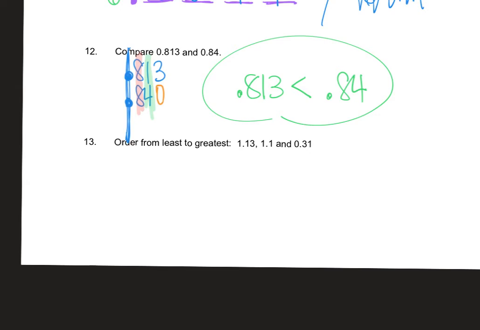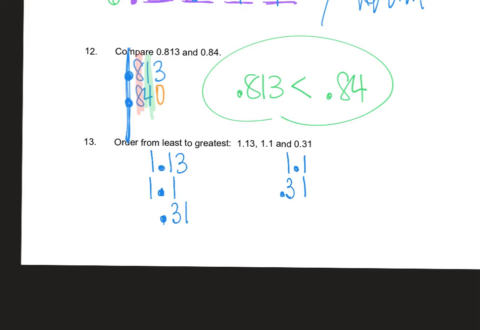Okay. Similarly, if we want to order these from least to greatest, the first step I'm going to do is write them. And again, this is the piece where it's really important. You line up by your decimal. You do not line up by how many numbers you have, because if you were to line this up like this and you're comparing those numbers, 1.1 is very different from 0.31.